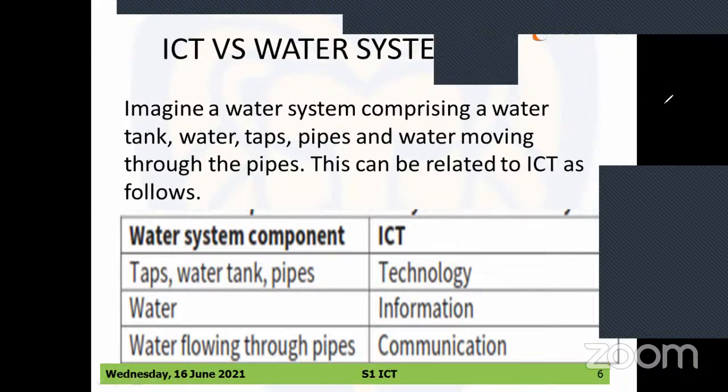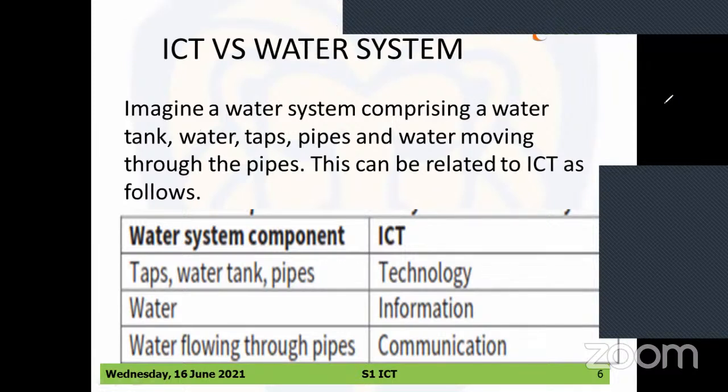Read. Imagine a water system comprising a water tank, water pipes, and water moving through the pipes. This can be related to ICT as follows.